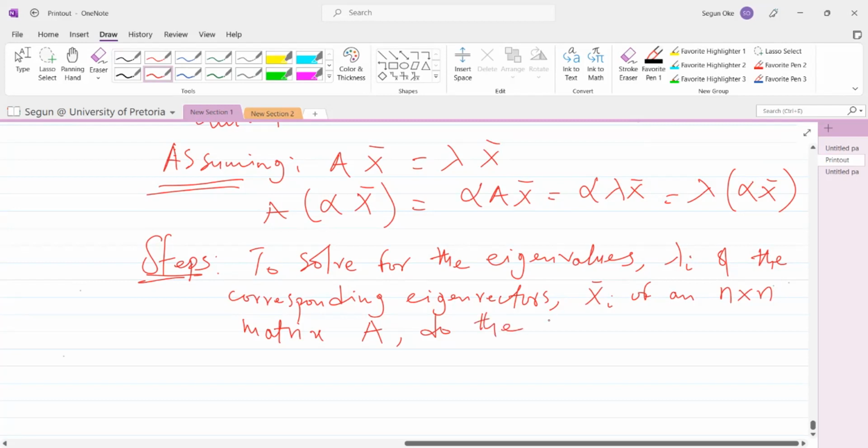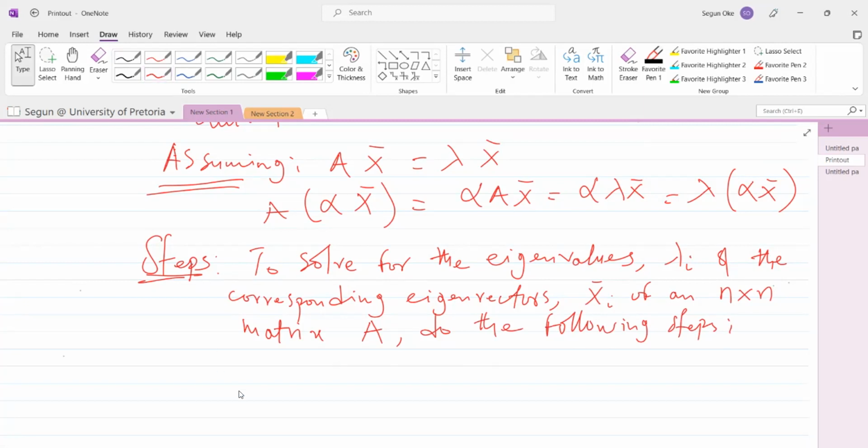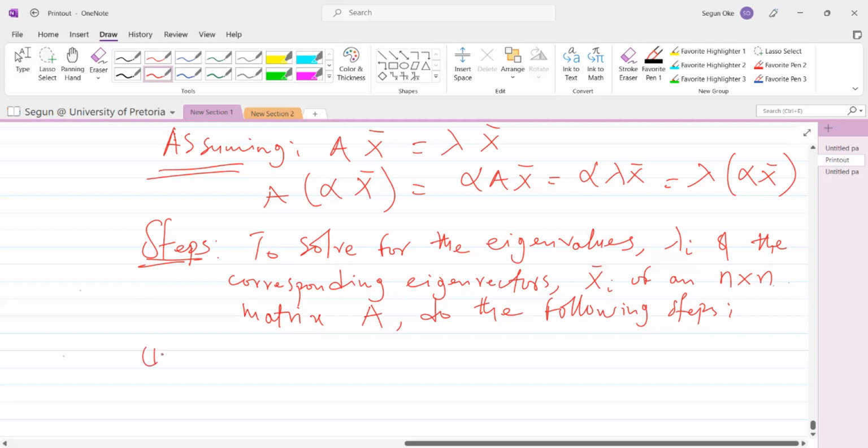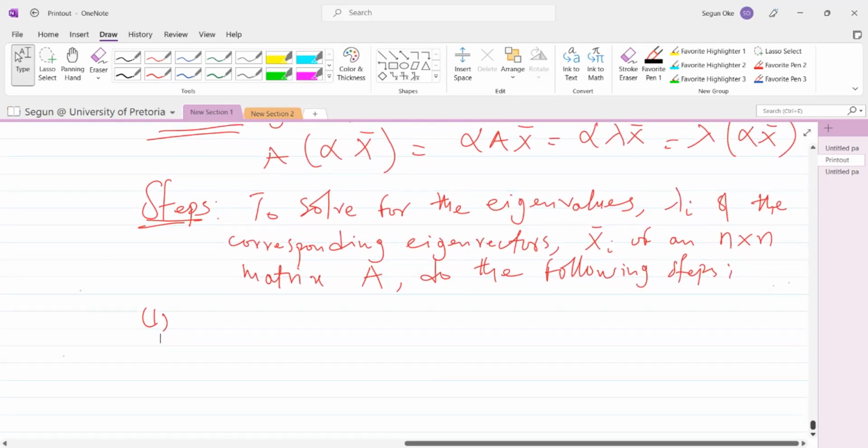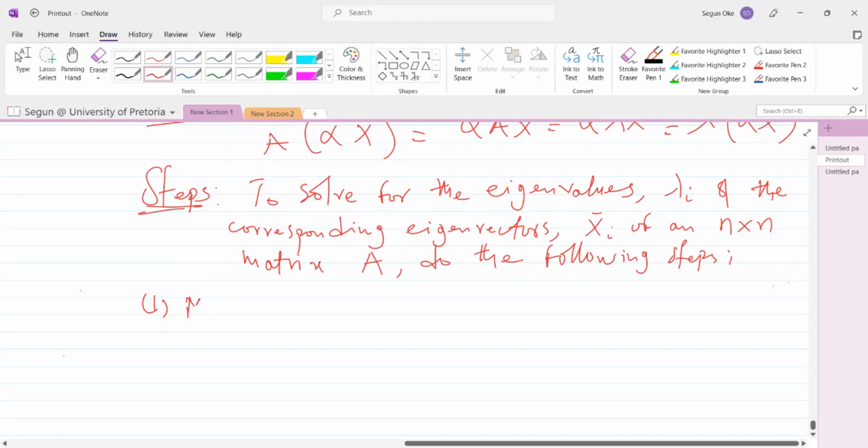Do the following. Step number one is to multiply the n by n identity matrix by the scalar.